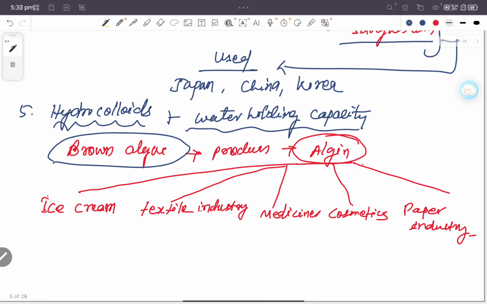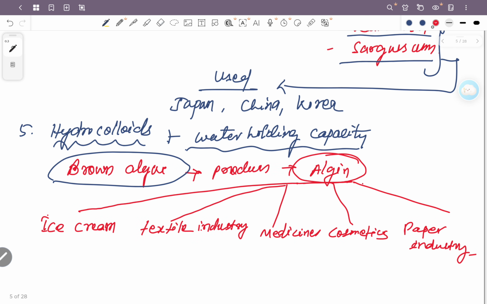Okay, so this is about the brown algae. Now come to the red algae.